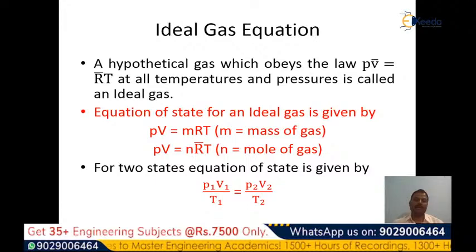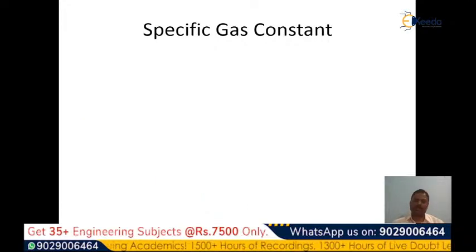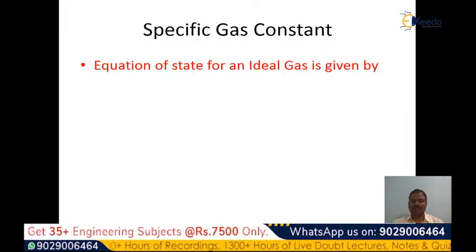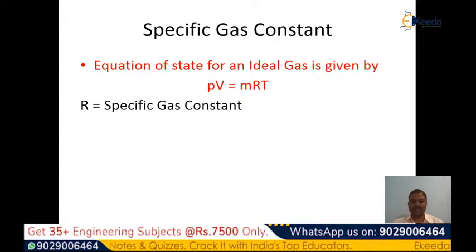Then let us know the specific gas constant. For that, let us have the equation of state for an ideal gas. As already told, it is given by PV equal to mRT, where m is the mass of the gas, R is the specific gas constant, and P is pressure, V is volume, and T is temperature of the gas at a particular state.